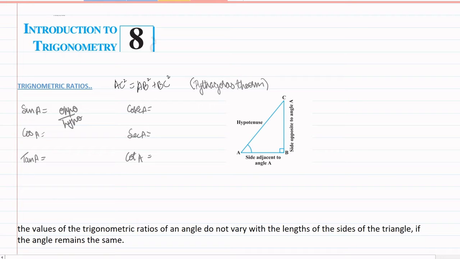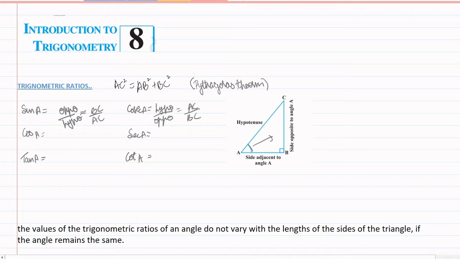This is our hypotenuse, the longest side in a triangle, and BC is our opposite to the angle A. So you can write it as BC by AC. Cosec A is just the reciprocal of sine A, so write hypotenuse divided by opposite, or AC divided by BC.